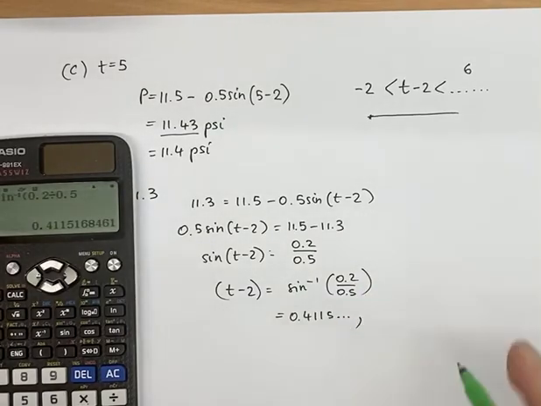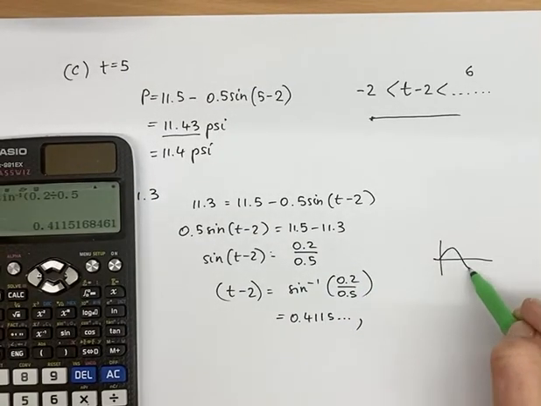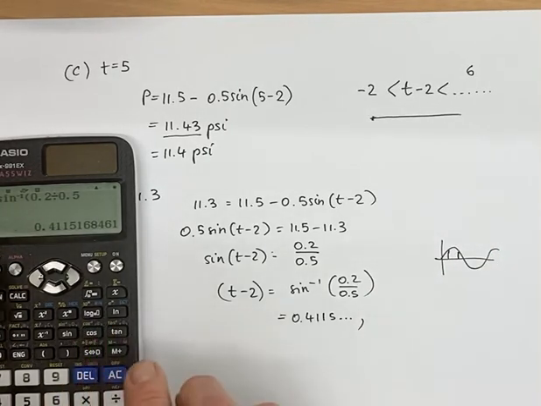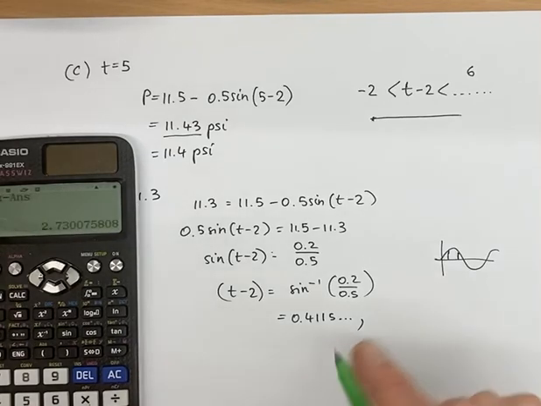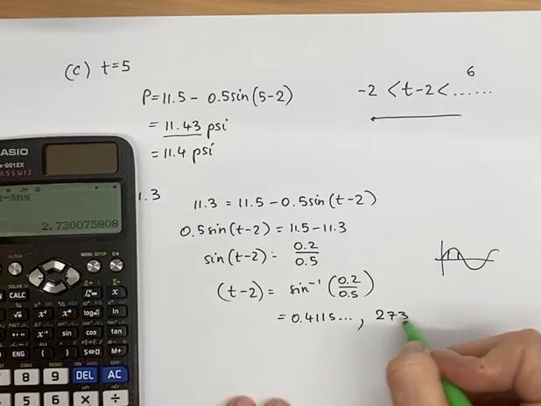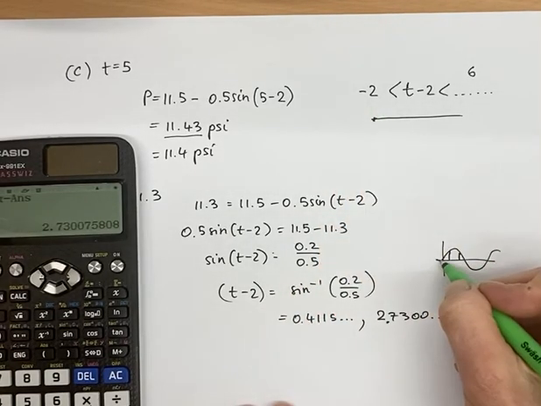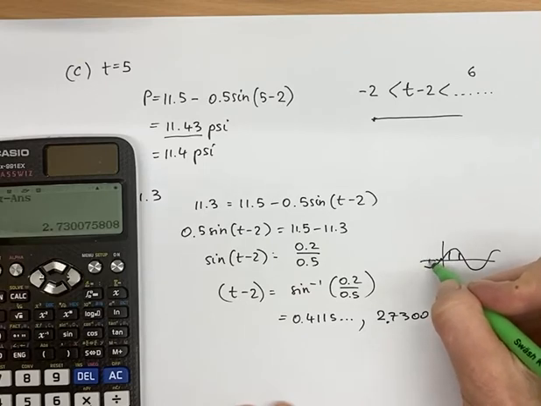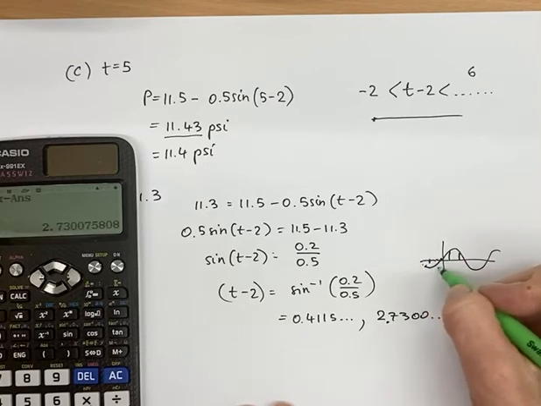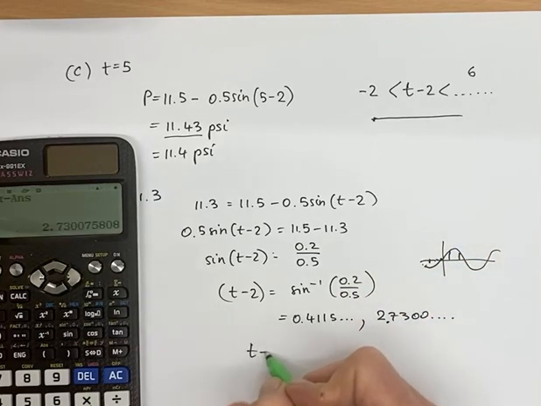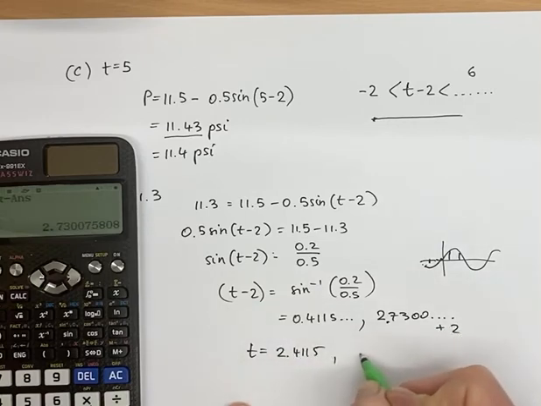The next time for sine, remember the sine graph. You have the first value, the second value is going to be pi minus that. Okay, I've shifted it to minus 2, but I could see that there is no value at minus 2. So t is equal, let's add 2 to that, 2.4115, and then 4.73.